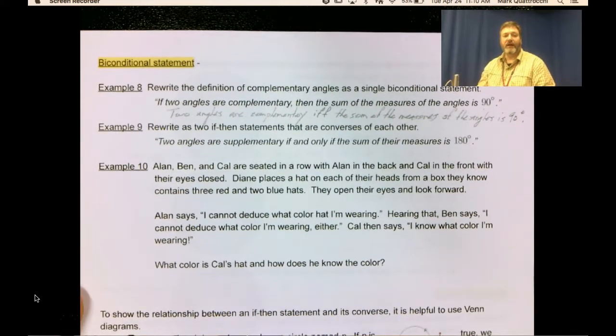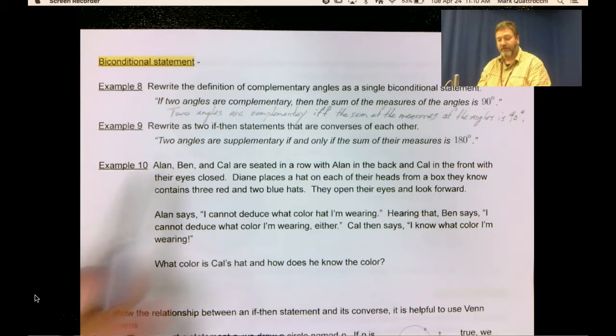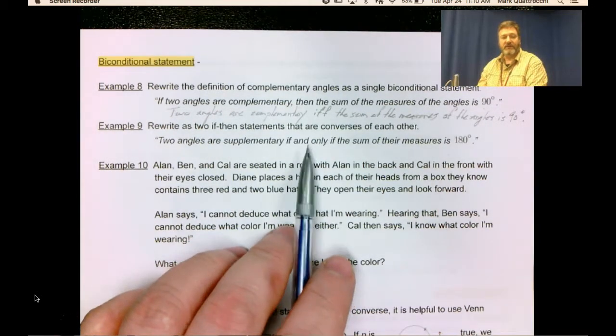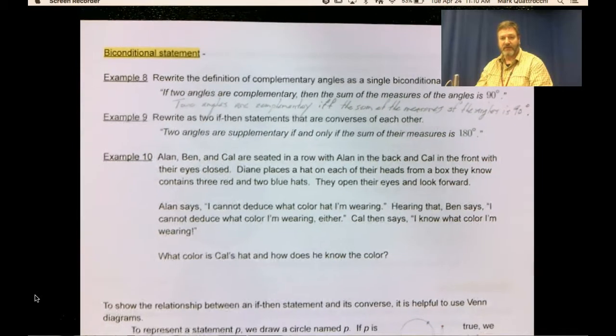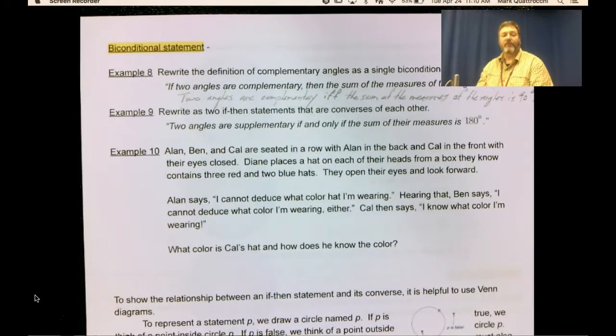Example 9. Rewrite as two if-then statements that are converses of each other. In other words, take this biconditional statement and split it up into the two original statements, the conditional and the converse, that it came from originally.